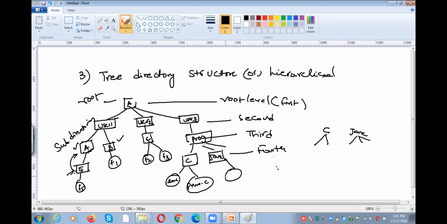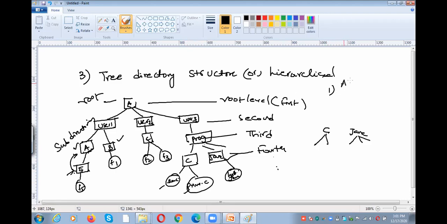Under the Java, hello.java. Like that, I can keep all the Java programs under the Java subdirectory, and all the C programs under the C directory. So this is the advantage of tree directory structure. Earlier we cannot make subdirectories. Okay.